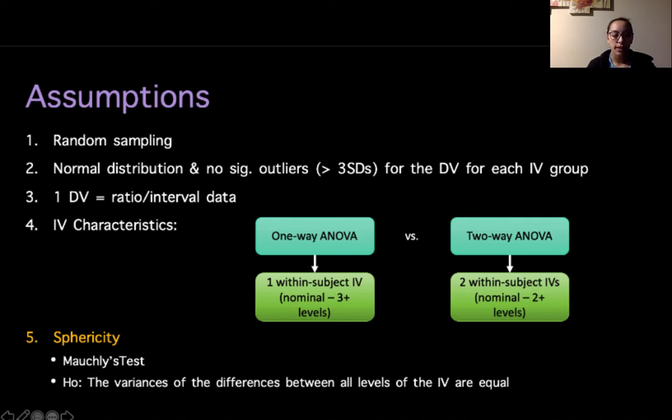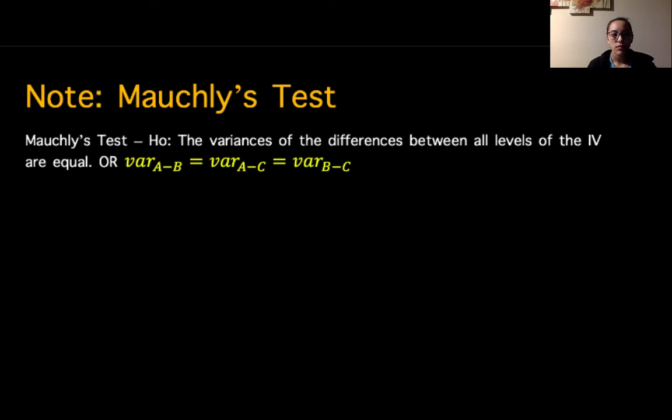So let's dive into this assumption a little bit more, just so you understand how it's calculated and what we're looking at. I have the null hypothesis repeated here again. This is actually how it's calculated. We look at the variances between each pair of our independent variable levels.